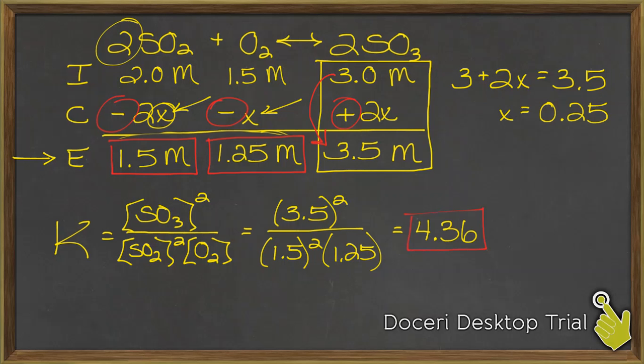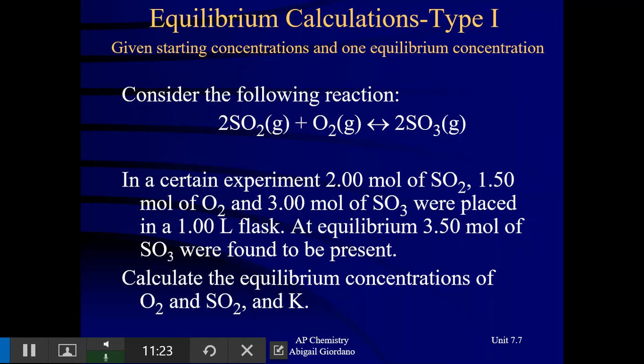Okay, so in what I call type 1 is a problem where you'll be given initial conditions, and then you will be given one part of the reaction's final or equilibrium condition, and you'll be able to solve for X at that point.